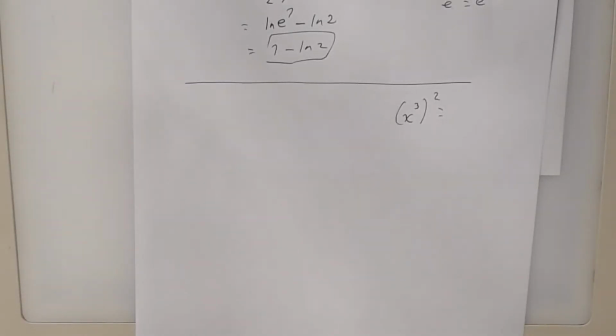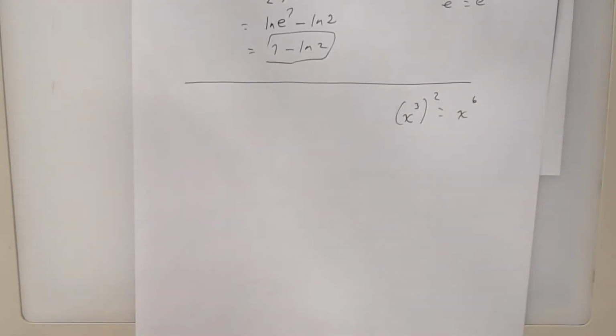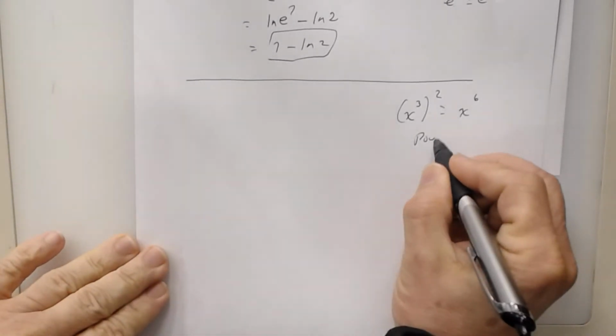What did y'all do there? You multiply them, right? When you have a power raised to a power, what do you do to those powers? You multiply them. So that would be x to the sixth power. So that was called the power rule.